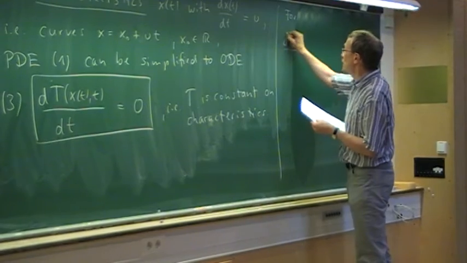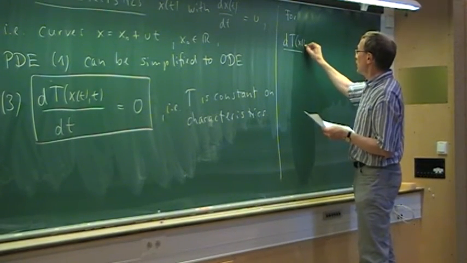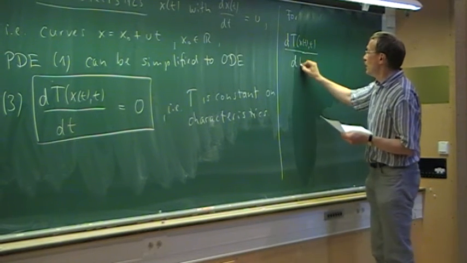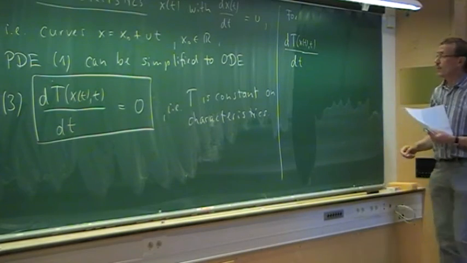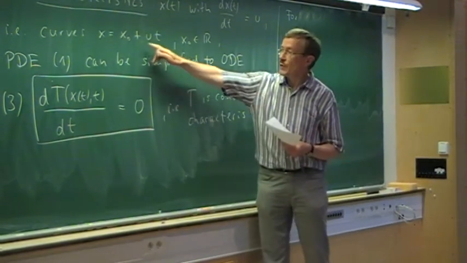So what we do is we derive the T dependent on X and T. This is our exact temperature, but now dependent on X of T, which is then defined, for example, in this way.